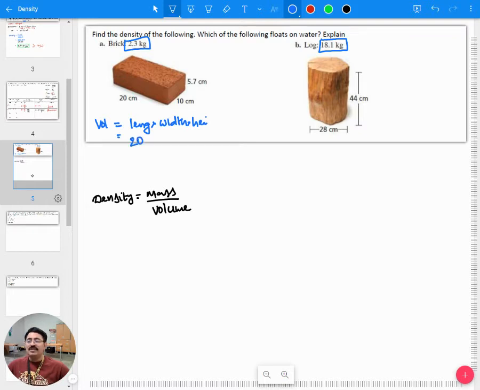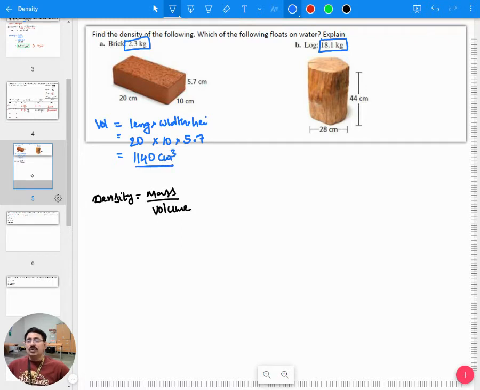Let's plug in these values. Length is 20 centimeters. Width is 10 centimeters and height is 5.7 centimeters. So let me make use of my calculator, which is 20 times 10 times 5.7, 1140 cubic centimeters.